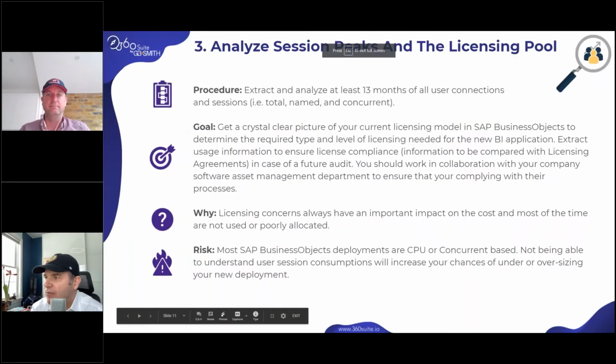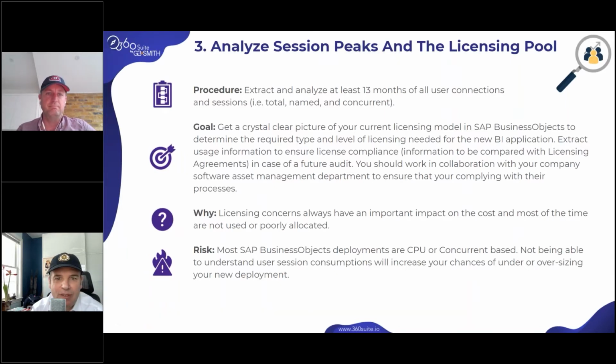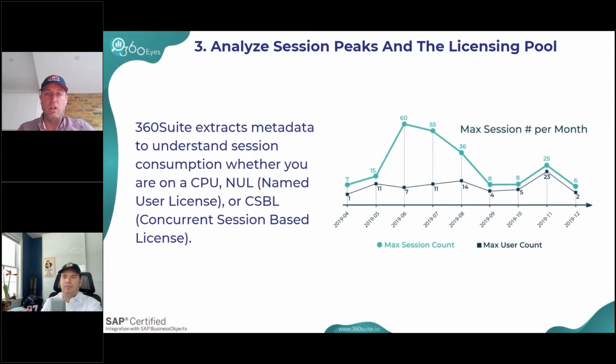So let's go to step 3, which is around analyzing your session peaks and the licensing pool. Behind that there is a cost question, and that's quite important. Absolutely, same thing. 360Eyes, the same solution I've just shown you, will go on your system and look historically at the licenses, the named and concurrent peak licenses.